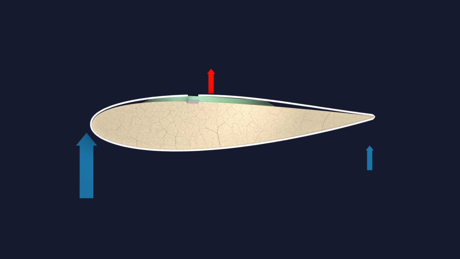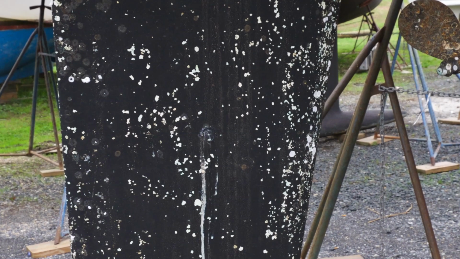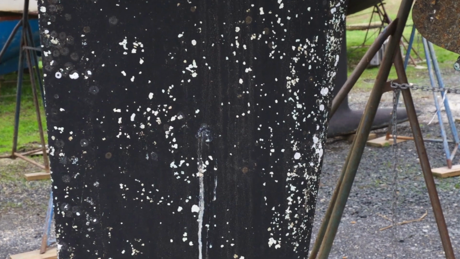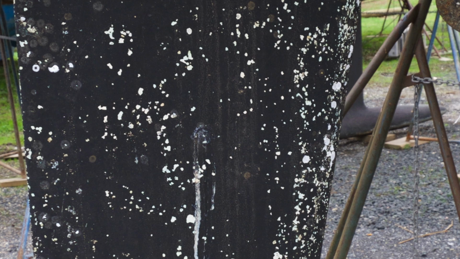Eventually, the whole skin became detached and water started penetrating the foam core, cracking it as it froze. We can see in the picture the detached putty plug outlined by the water seeping out of the rudder after haul-out.